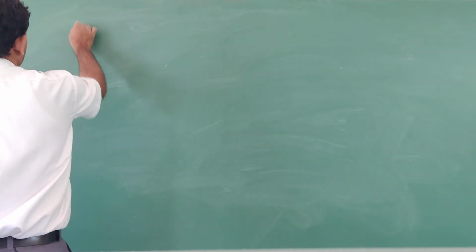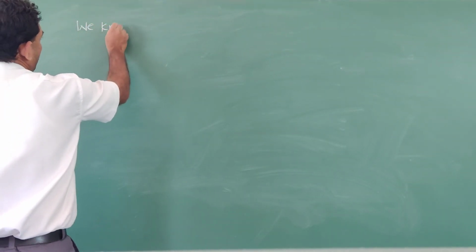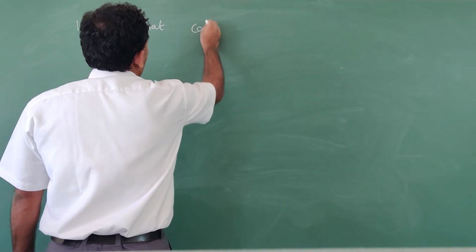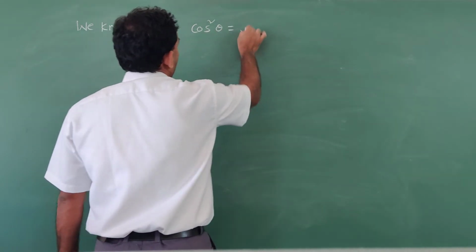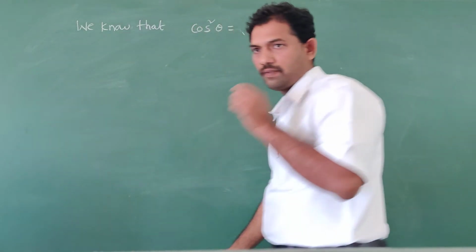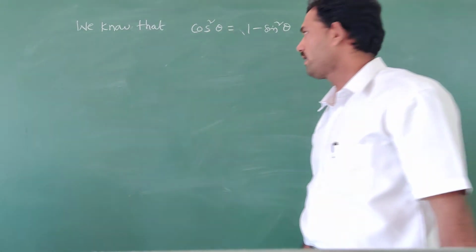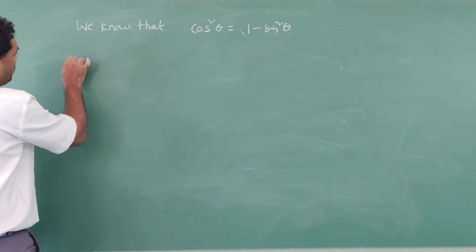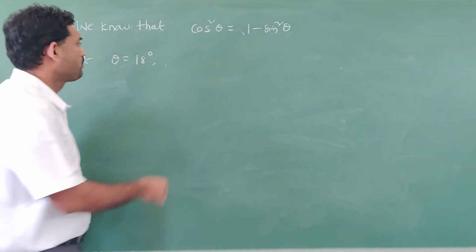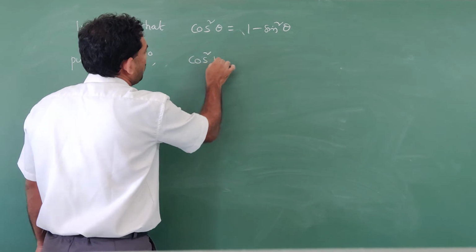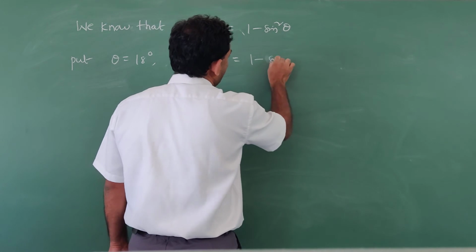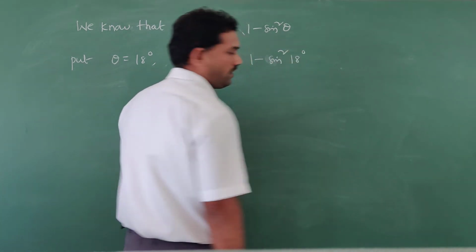Next we know that cos square theta is equal to 1 minus sin square theta, right? So put theta equal to 18 degrees here. What happens? Cos square 18 degrees is equal to 1 minus sin square 18 degrees.